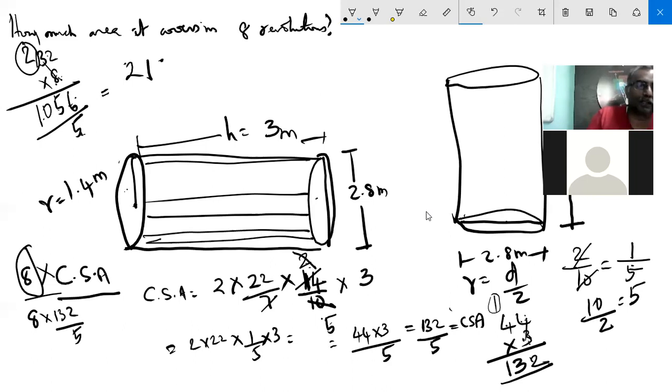How many times will 5 go into 6? 6 divided by 5, how much? 5 will go in 6 one time.